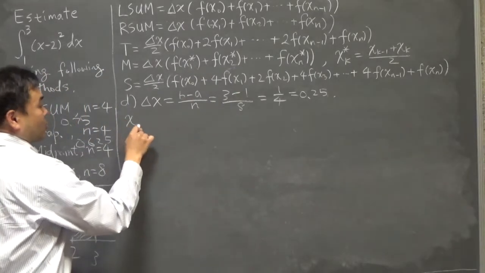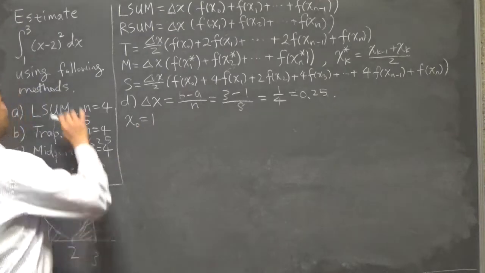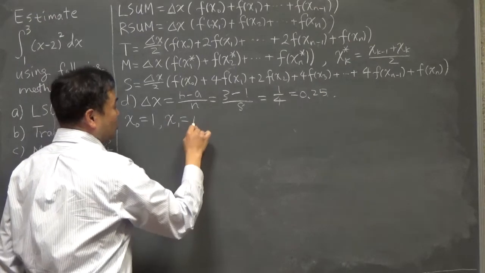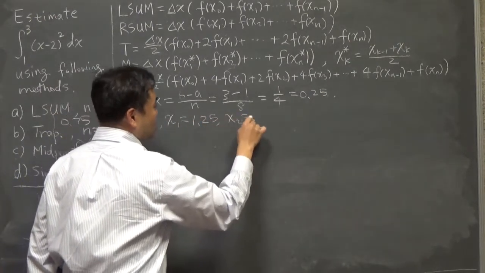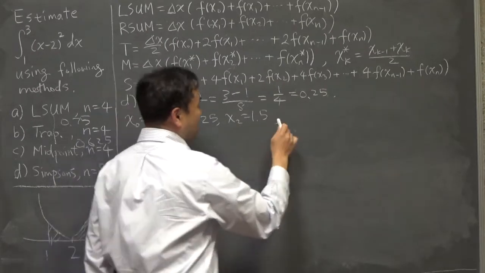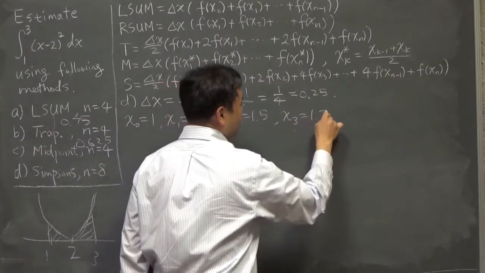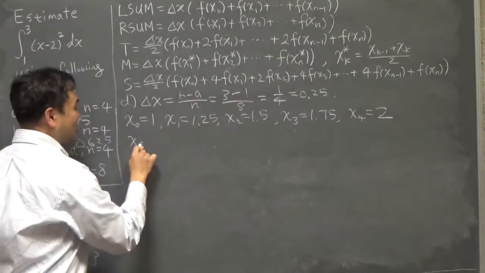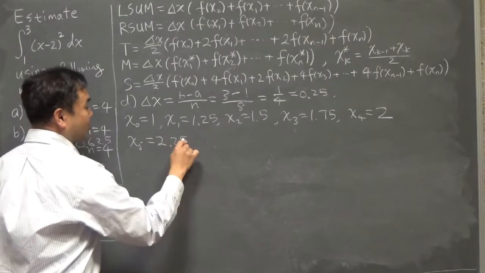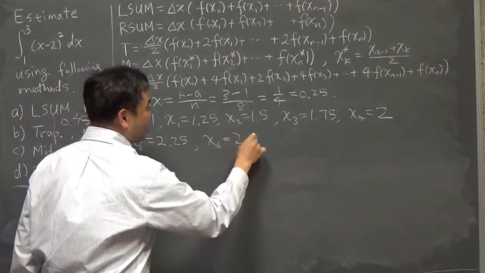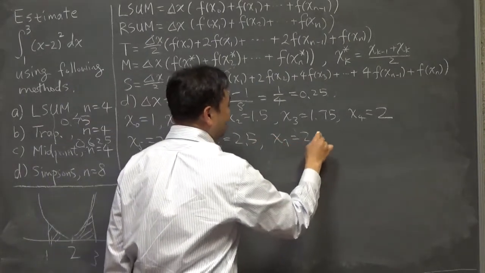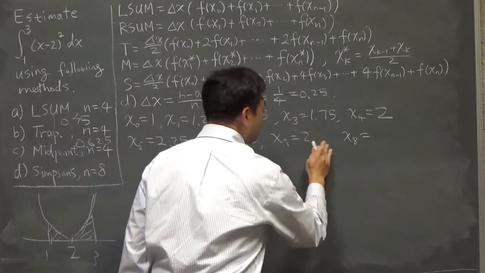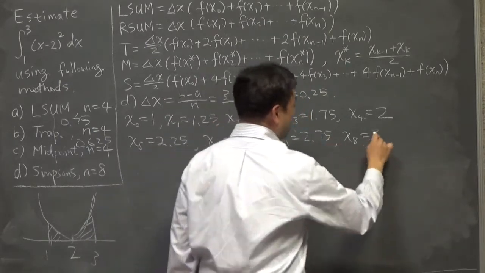And therefore x0 would be, you start from the left-hand point, which is 1, and then you keep adding 0.25, so x1 is 1.25, x2 is 1.5, 1.5 plus 0.25 is 1.75, x4 would be 2, x5 would be 2.25, x6 would be 2.5, x7 would be, oh, sorry, this should be 2.75, and x8 should be 3.